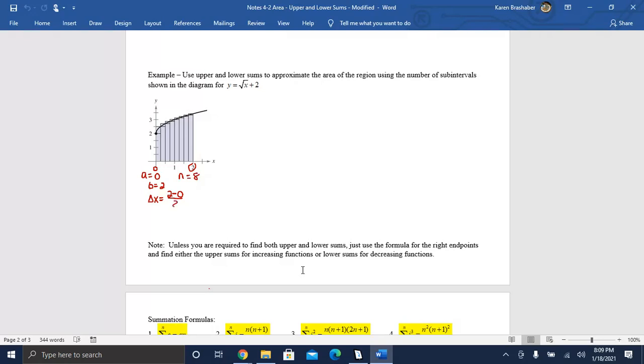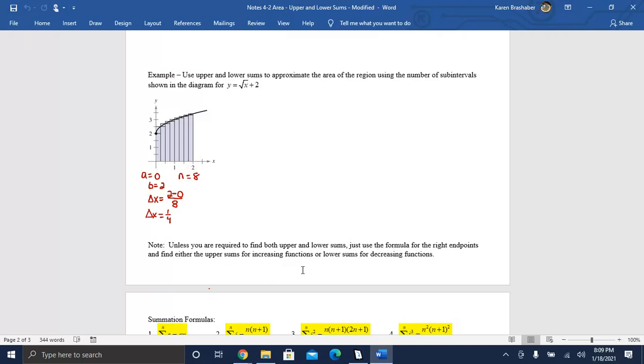So it's B minus A over your number of rectangles, and that makes delta X be 2/8 or 1/4. And so hopefully that makes sense. 1/4, 2/4, 3/4, 4/4 would be 1. So your width of each rectangle is going to be 1/4.